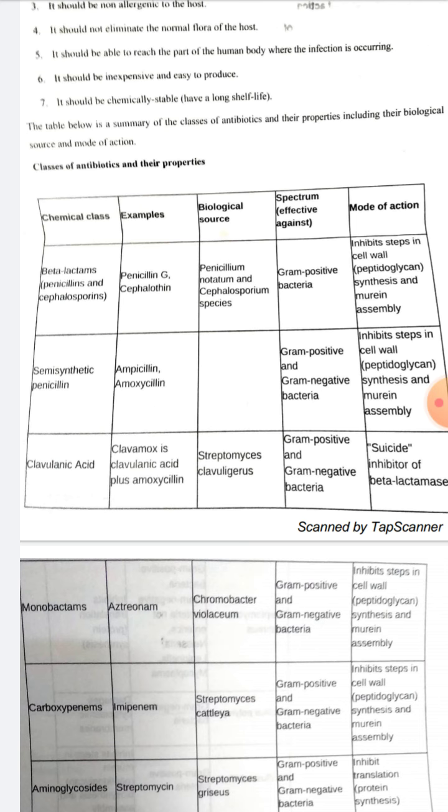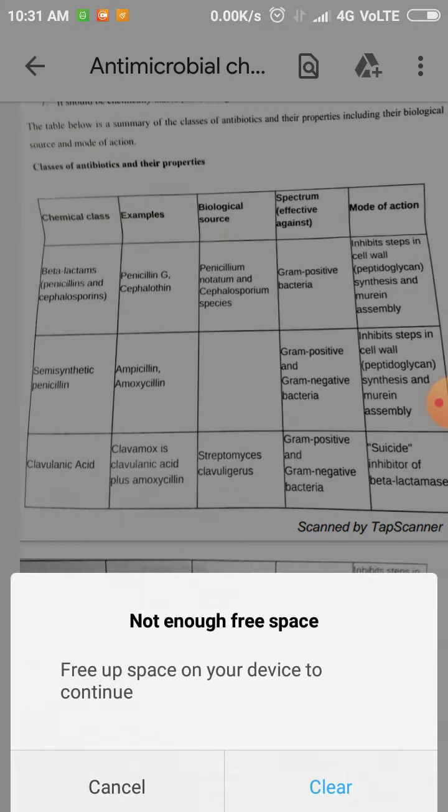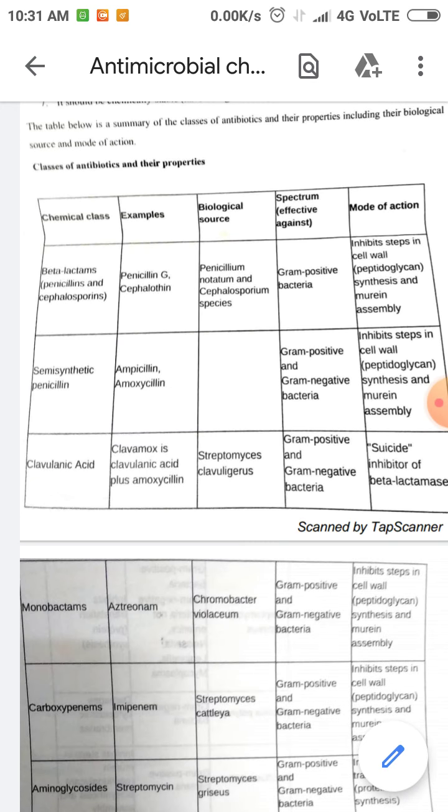Penicillin and cephalothin are beta lactams. These are antibiotics whose chemical class is beta lactams. Then you have the biological source from where the antibiotic is extracted, whether it is effective against gram positive or gram negative bacteria, and the mode of action, how the drug works against the bacteria.